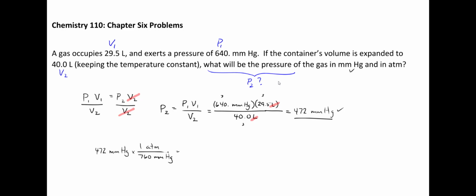This cancels, of course, our millimeters of mercury and leaves us only with atmospheres. So taking 472 and dividing by 760 gives us 0.621. And we still have 3 significant digits, just like we did before.